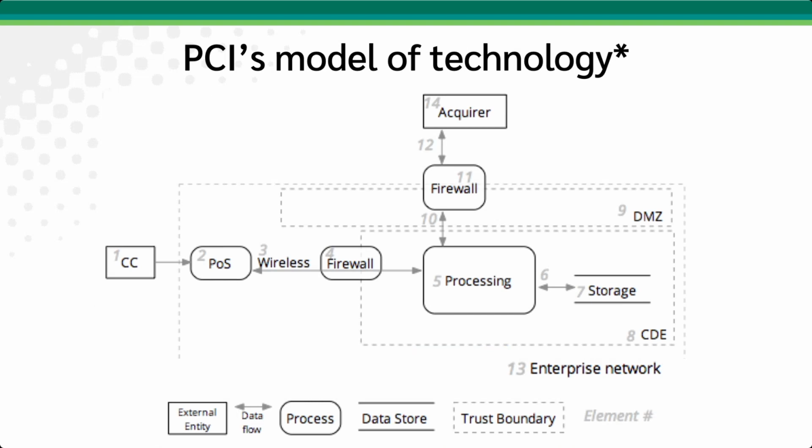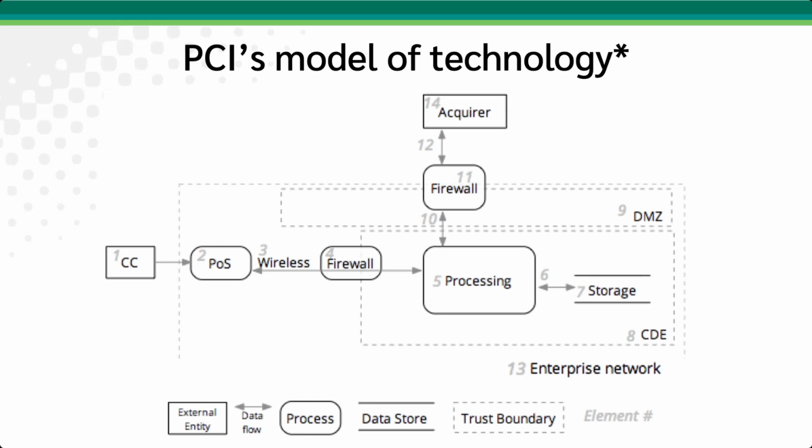And so PCI's model of technology starts over here. We've got a model, we've got a credit card, and the credit card runs through a point of sale system. That point of sale system, as near as I can tell in the model, only ever runs through wireless connections, through a wireless firewall to a card data environment, which includes processing and storage.